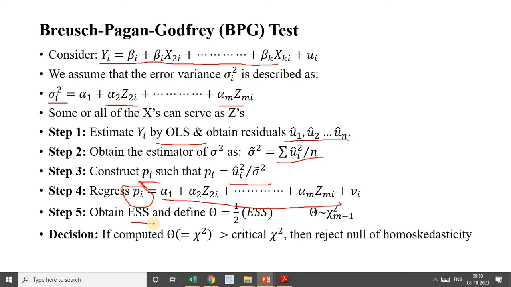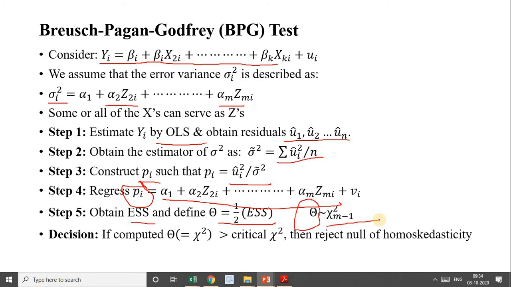Then take 1 by 2 of the ESS, called theta. Theta follows the chi-square distribution with m minus 1 degrees of freedom. If the computed chi-square value is greater than the critical chi-square value, reject the null hypothesis of homoscedasticity.